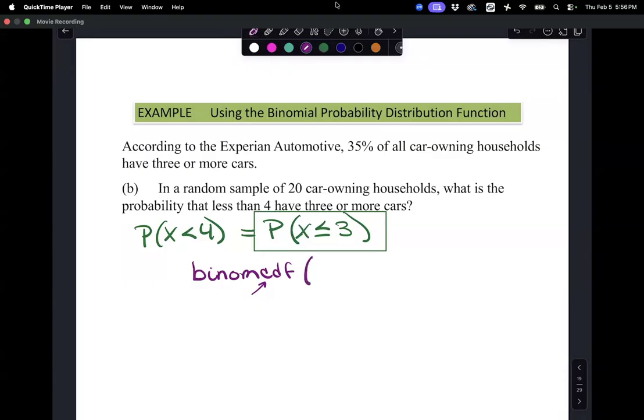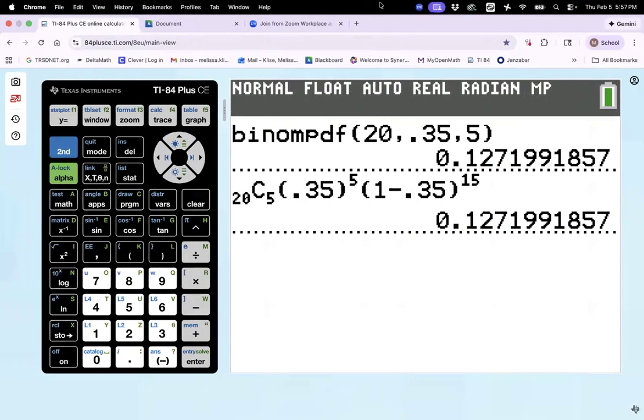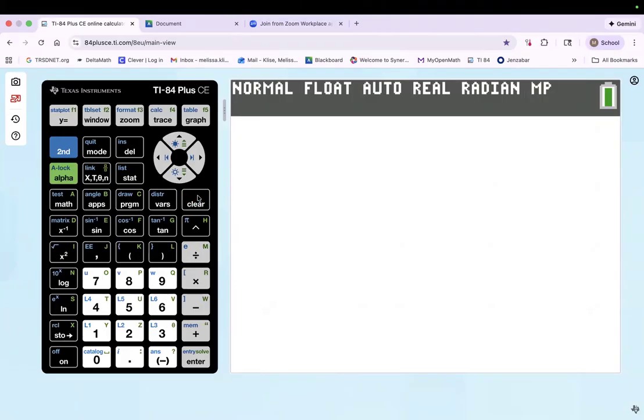So we will still do 20 trials. Probability of success is 35%. And then three or fewer successes. So 20, 0.35, three or fewer successes. So we're going to jump back to the other screen. I'm going to clear this out because I don't even want to look at it.